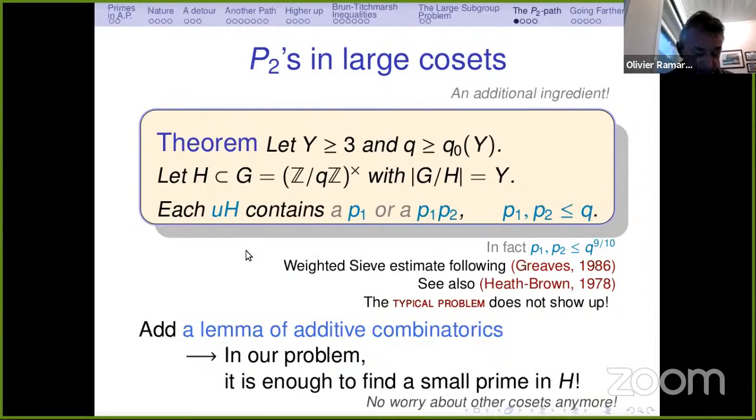If you think about the Brun inequality, I told you that it tells you, in fact, that what you count is primes or products of two primes.